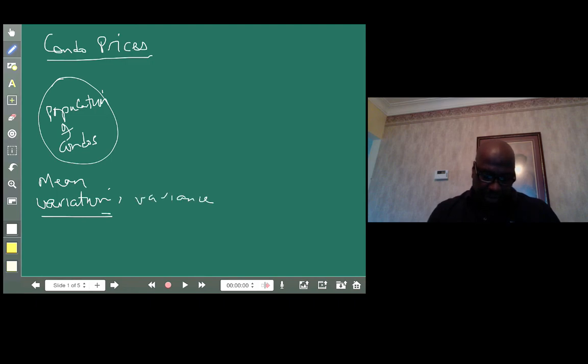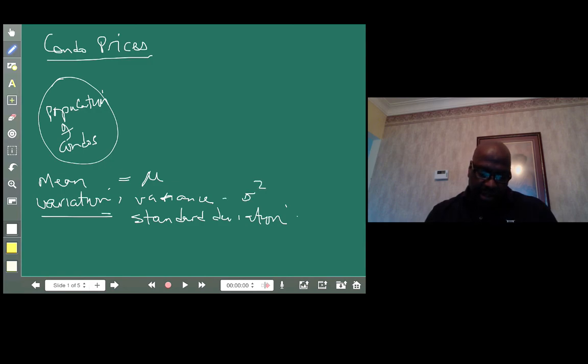Variance, that's an R, and its relative is called standard deviation. Now we have symbols for those. If we're talking about the mean, the symbol is mu. If we're talking about variance, the symbol is sigma squared.